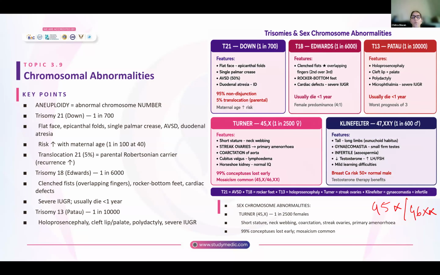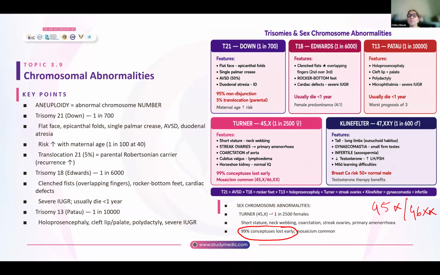For Turners also, it is something which we see very rarely, 1 in 2,500, because most of the conceptuses, 99% of them, are lost early. So that is why at birth, it is only 1 in 2,000. And Klinefelters, it is about 1 in 600 males.